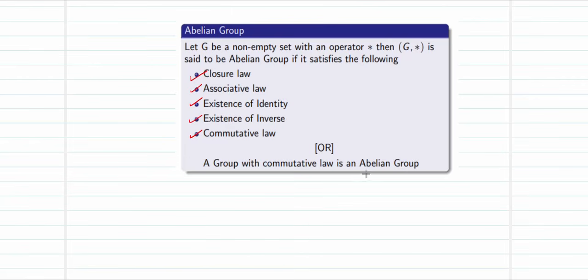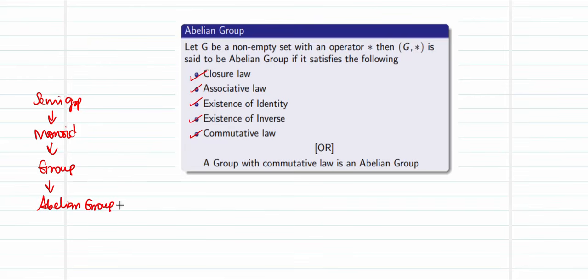So in this way we start building up the theory from a semigroup and then to a monoid, and then the monoid becomes a group, and then a group moves to form an abelian group.